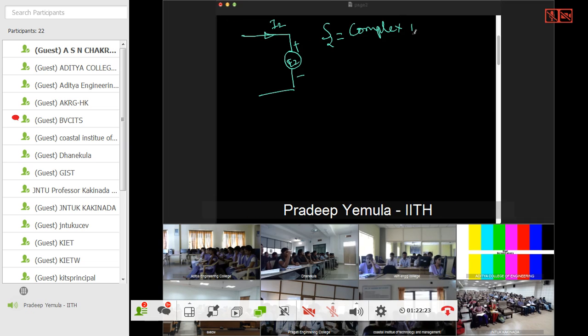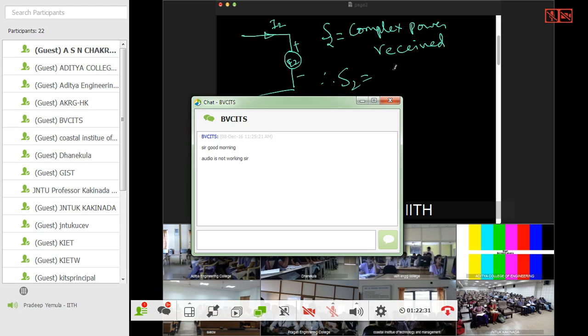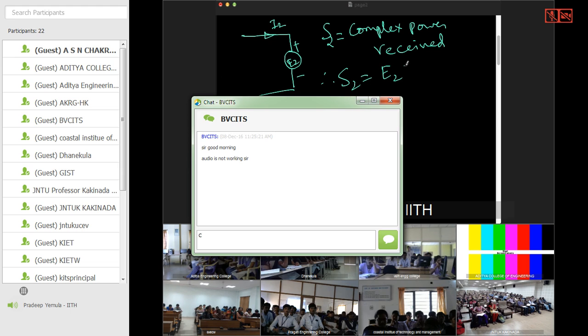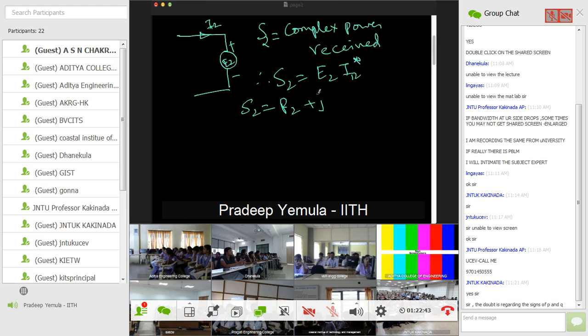Complex power received. Therefore, S2 is nothing but E2 times the current conjugate, the formula is the same. So let's call this I12. The formula is the same, but then S2 is P2 plus jQ2.